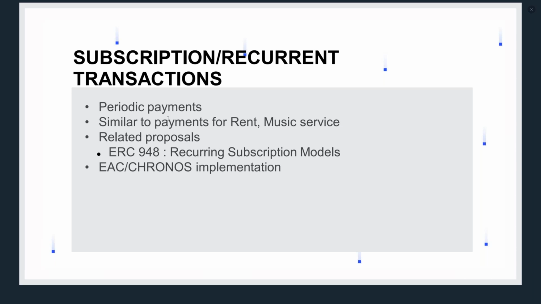To set up a subscription or recurrent payment, you have to schedule multiple transactions for those times that you need it triggered. But in Chronos, you would be able to have just one transaction, which then dissolves gradually over time.